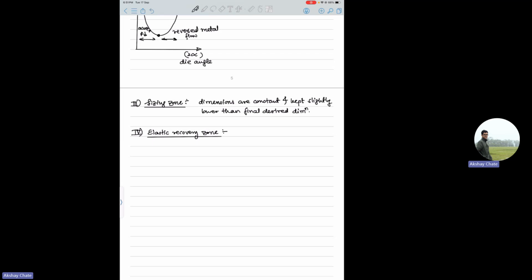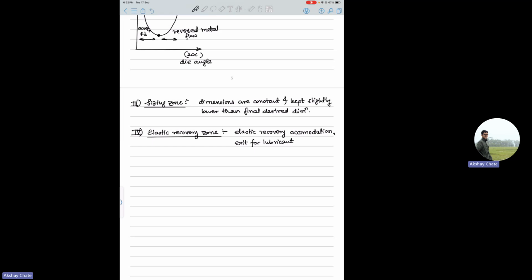And because of that, you have this zone for elastic recovery accommodation, and also an exit for the lubricant, because along with the material, the lubricant also gets compressed during the initial 2 or 3 zones.